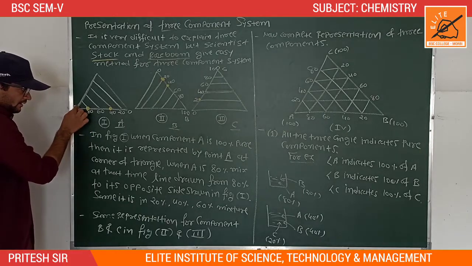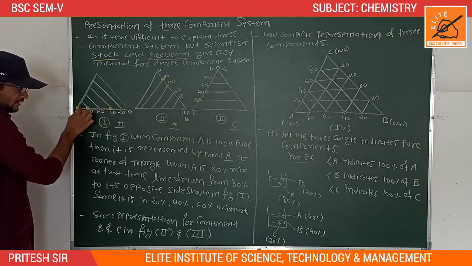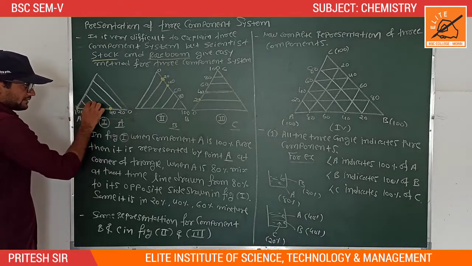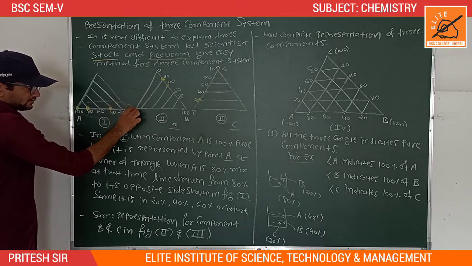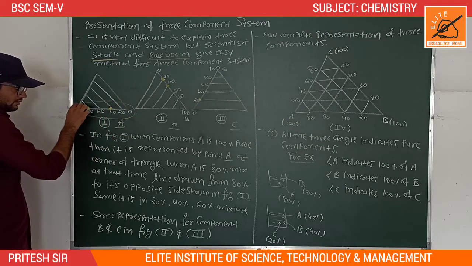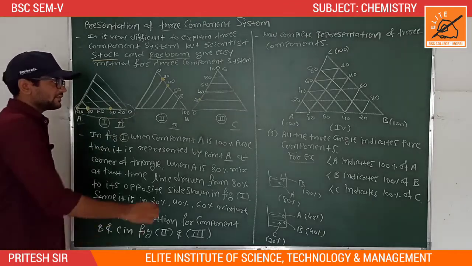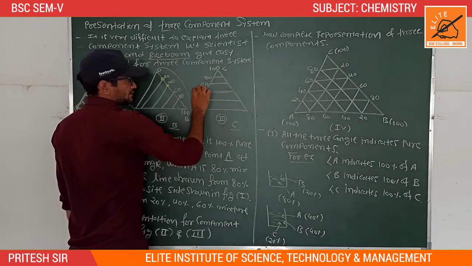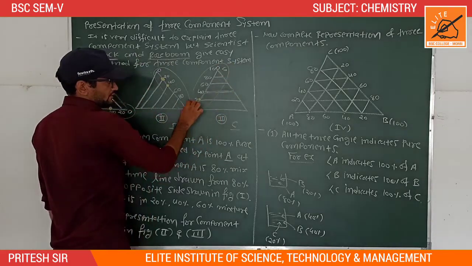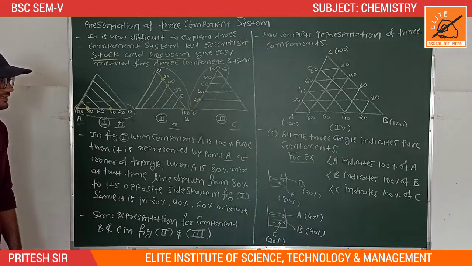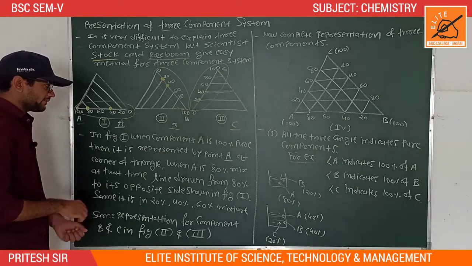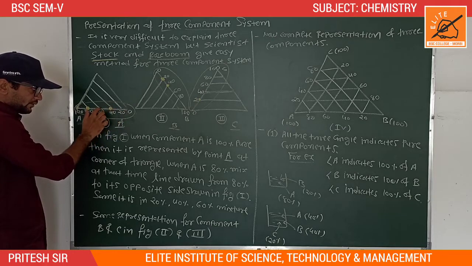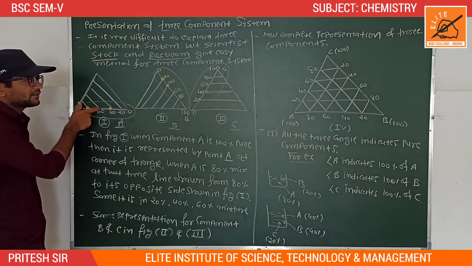So this side indicates the composition of A. This one is for the composition of B. And this one is for the composition of C. Suppose A is 60% at that time. This line indicates A. So this point indicates the value of A is 60%.